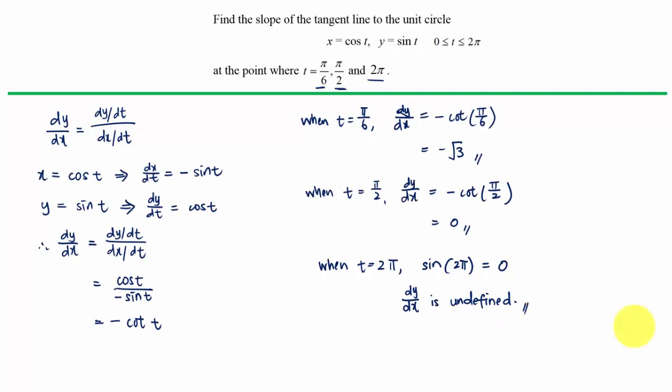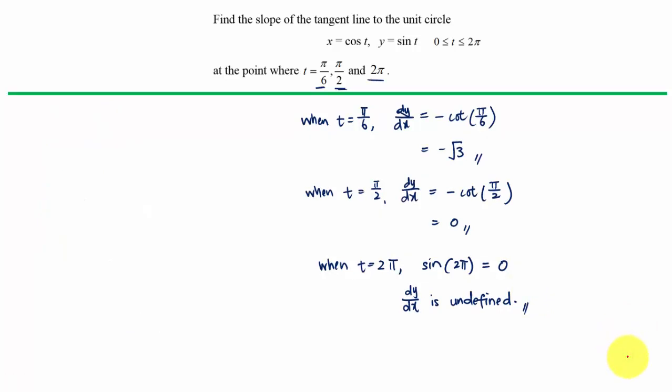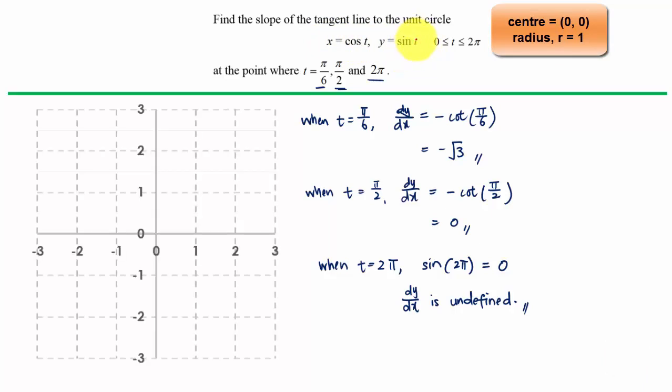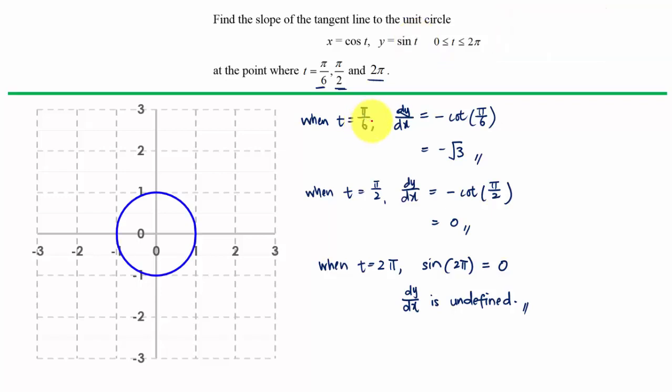Let us now take a look at the graphical interpretation of these slopes. We know that this set of parametric equations corresponds to a circle centered at the origin with radius 1. Let us first find the coordinates at each of these values of t.